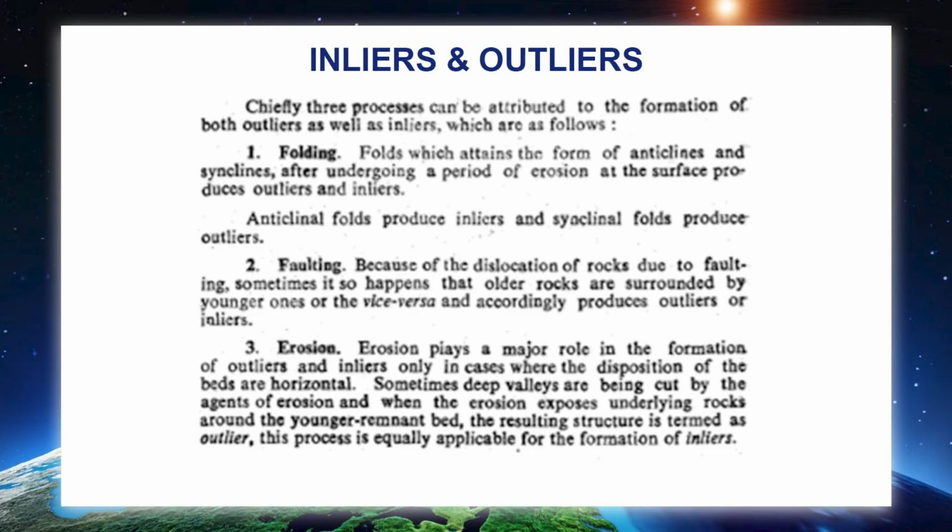That older rock at the center is called an inlier. If the older rock comes outside and the younger rock comes inside, that will be called an outlier. Just remember where the older rock position is. If the older rock is at the center inside, it is an inlier. If it is outside, surrounding the new formation, then it is an outlier.